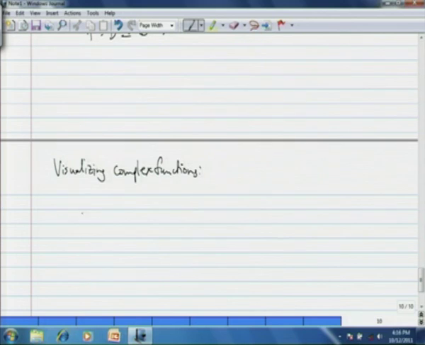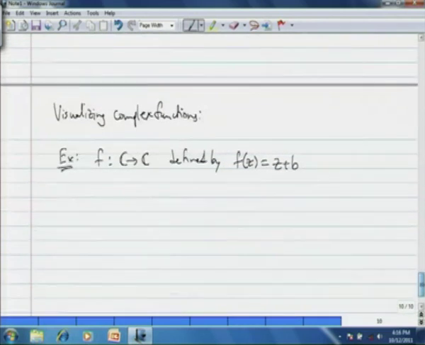Let us consider f from C to C defined by f of z equals z plus b, a simple example. Here b is a fixed complex number.